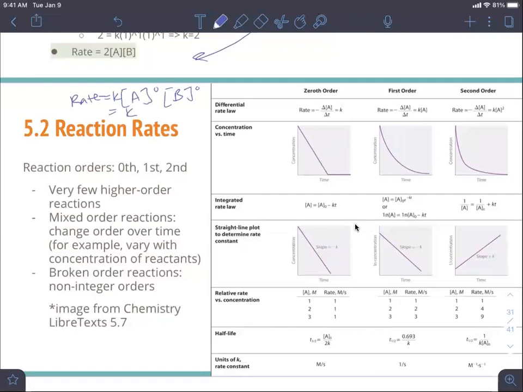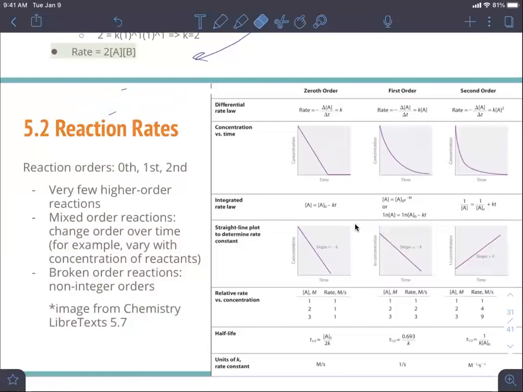So that just means the rate is k. All it is is the rate constant. So the concentration of the reactants doesn't matter in the reaction. All you need to do is put in the reactants and then it will happen, as long as there's some amount of reactant in the reaction mixture.